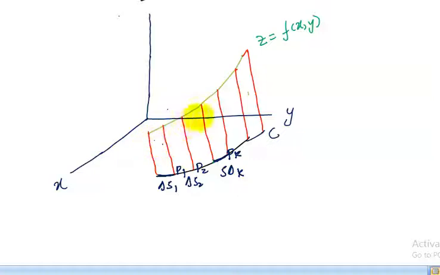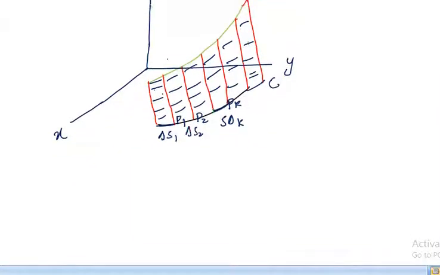Now this area between the curve C and z equal to f of x y is the area of these rectangles. By adding the area of these rectangles, we can find the area between the curve C and the surface z equal to f of x y.